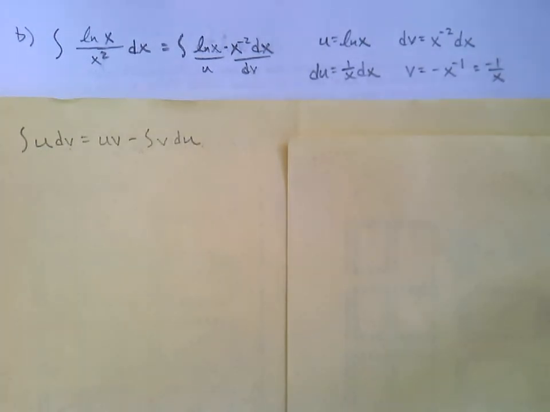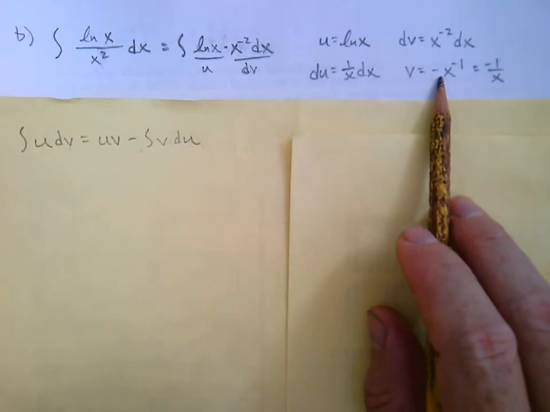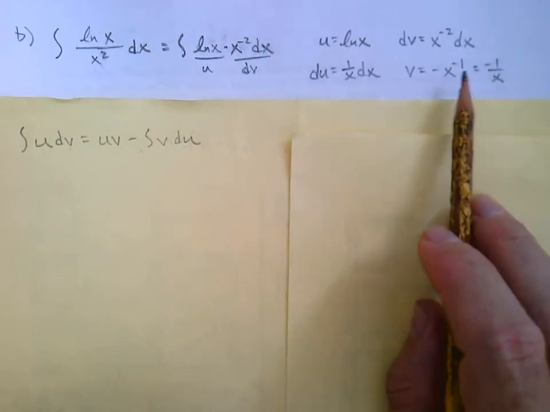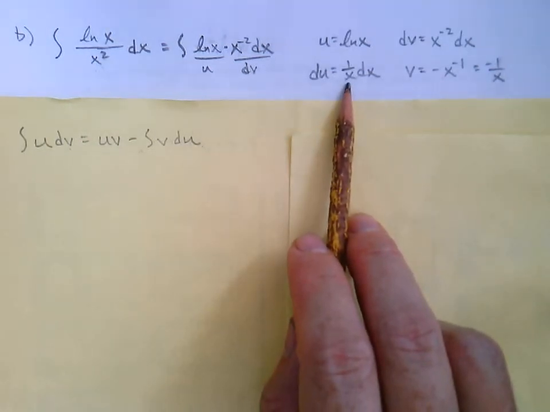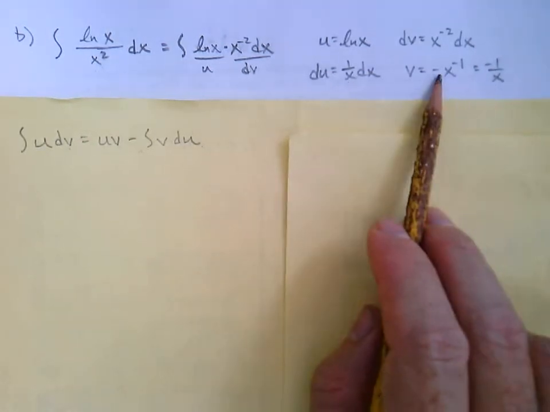Now, for our purposes, I prefer to think of this as negative 1 over x. I find the problem unfolds a little bit easier thinking of it that way. Also, because du we're thinking of as a fraction, let's think of that as a fraction as well.